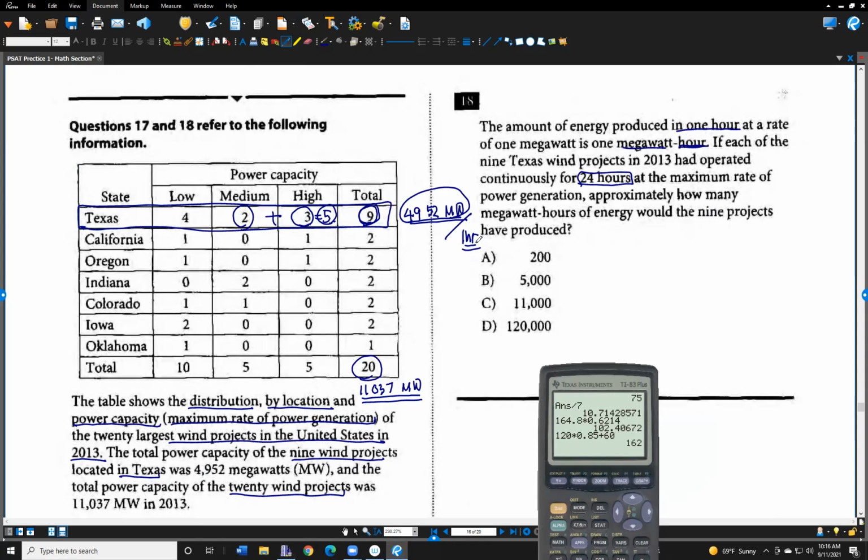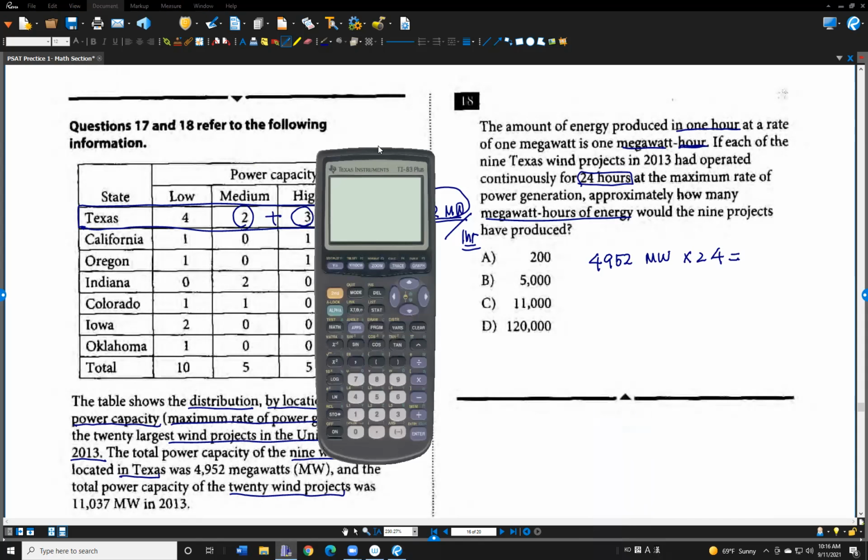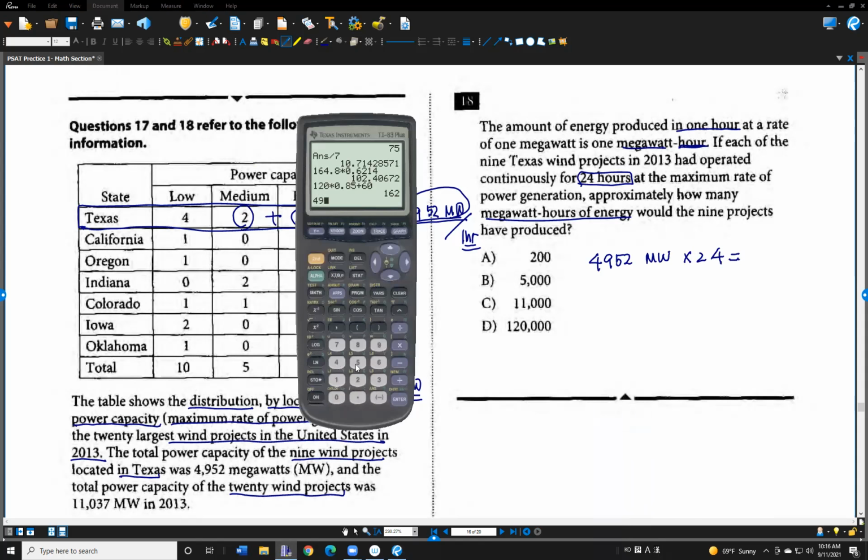What is the maximum megawatt hours of energy? We multiply 4,952 megawatts times 24 hours, isn't it? That's the answer. We can check it out. 4,952 times 24 equals 118,848. This is the answer, right? Approximate numbers.